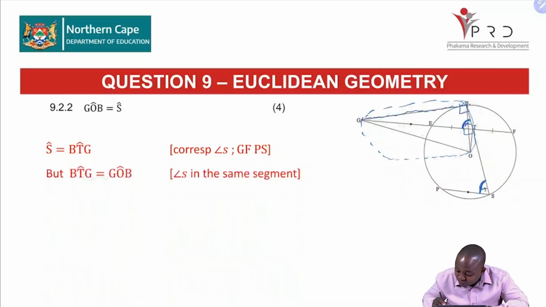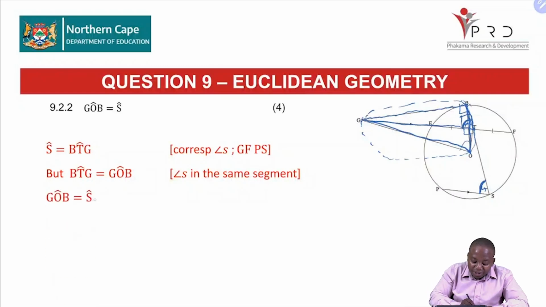So we can see that we have angles in the same segment. So we have that angle and that angle being equal. Then let's proceed. Now, therefore, we can say GOB is equal to S because those two angles are equal.